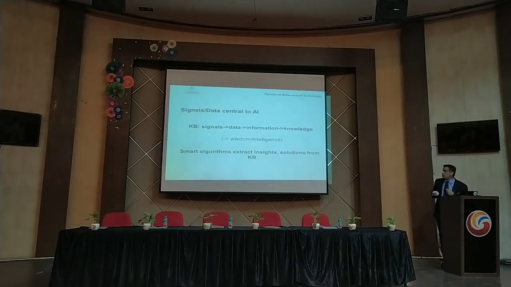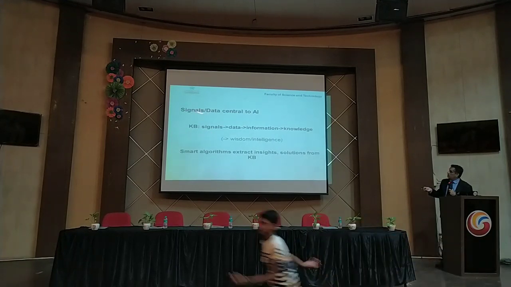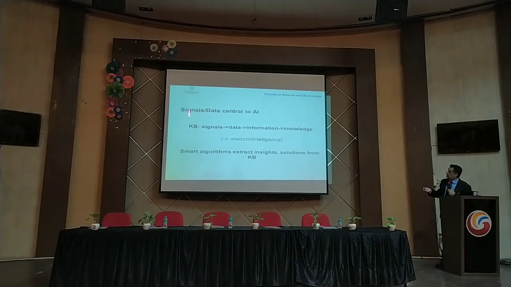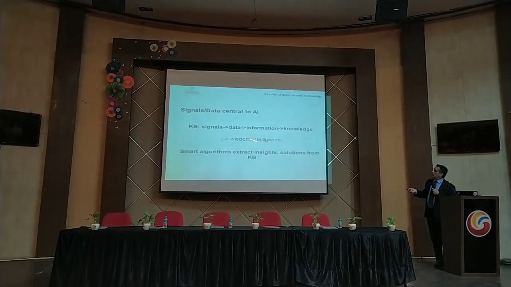So essentially, I've talked about this before, data, I call it knowledge base, which is this continuum here. You can sit anywhere in that space, as long as you have signals of some sort, you can generate data, and you can build this up. So our internet is knowledge base. It may not give you the intelligence that you want. You have these smart algorithms that give you that. So much of our effort in the AI community is spent building these smart algorithms.